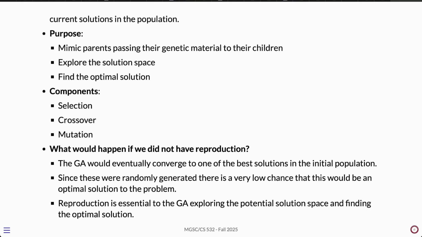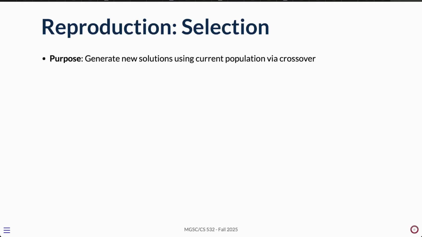All right, selection is the first step in reproduction, which determines which solutions get to become parents for the next generation. This mirrors natural selection in nature, where organisms with favorable traits are more likely to reproduce. There are different types of selection methods.